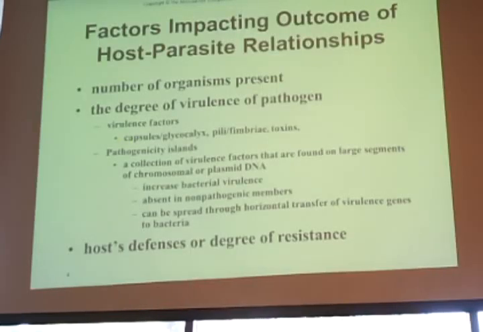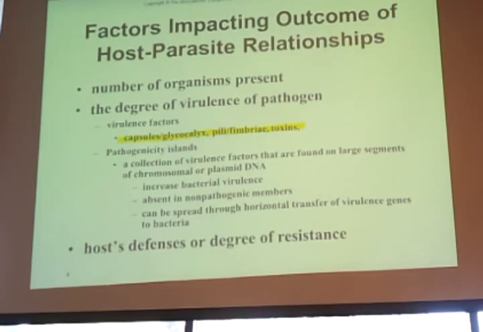Coming, but just looking at virulence factors, the capsule or glycocalyx, fimbriae, pili, toxins, that's just a preliminary example of the types of characteristics associated with a particular organism that will make it more virulent.